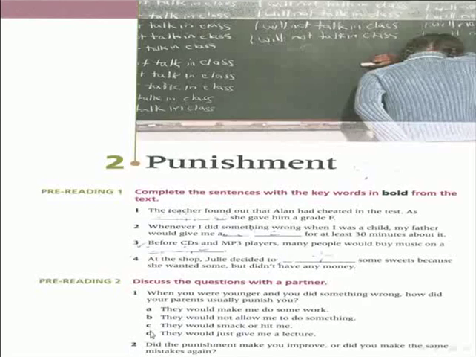Anyway, try to discuss this with your partner too. Did the punishment make you improve, make you after that do correct things, or did you make the same mistakes again? Talk to your colleague, to your friend or partner about this. Try to say that in English.